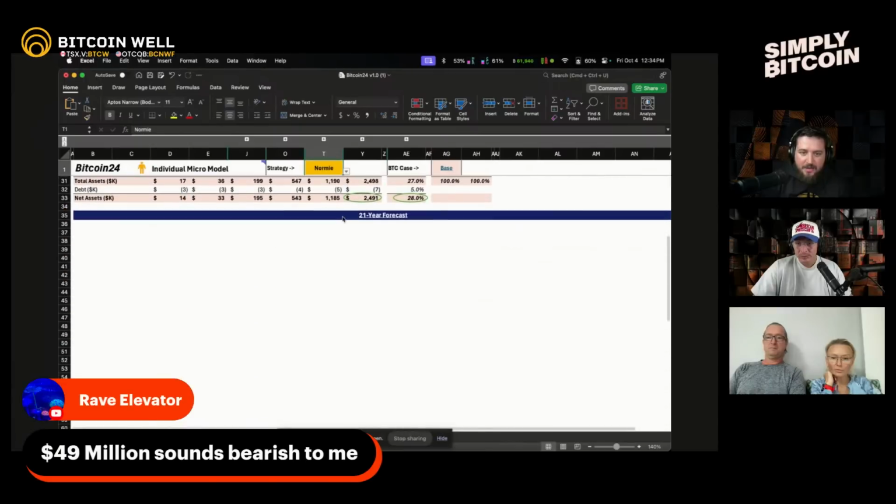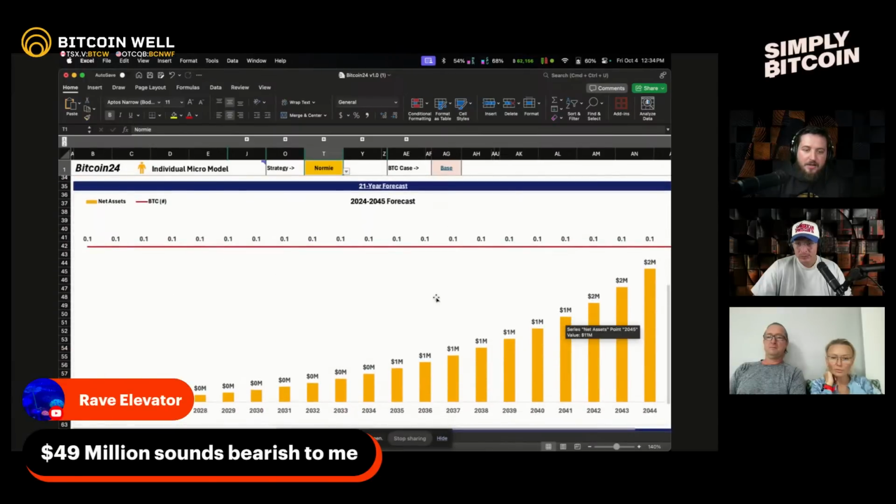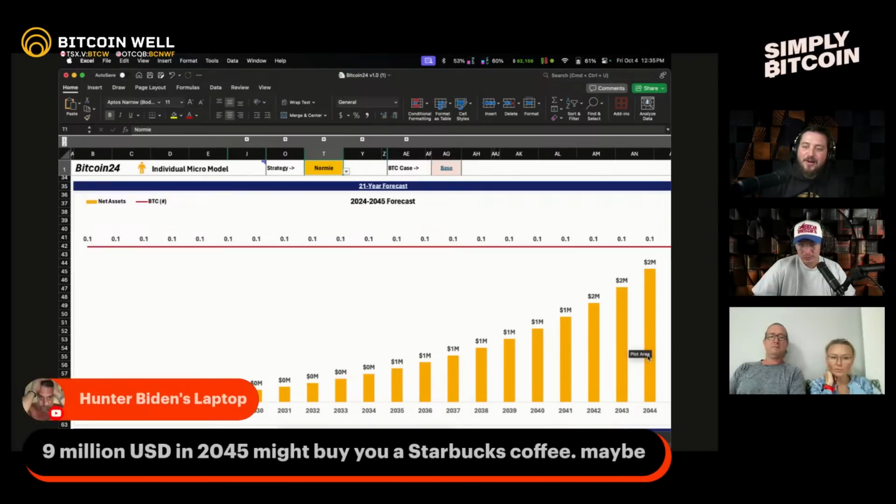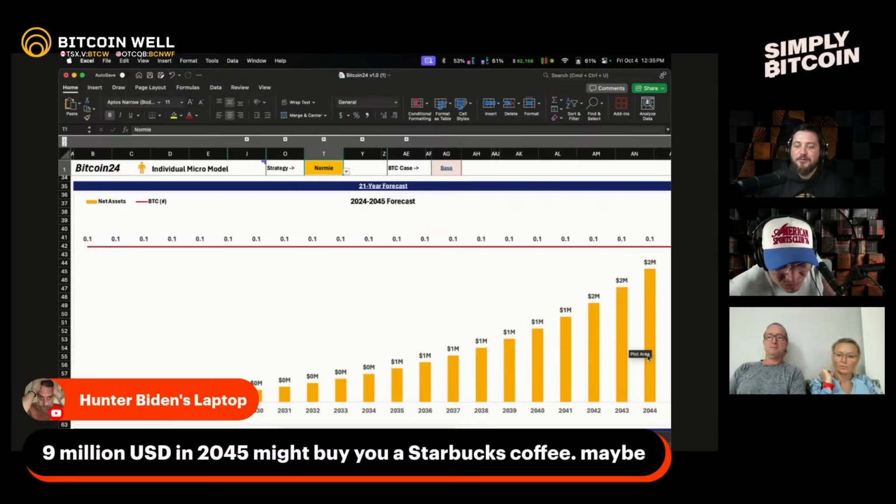And let's check out the numbers for the upcoming years. By the year 2035, 0.1 Bitcoin would equate to $1 million, according to Saylor. And by the year 2044, according to Saylor, 0.1 Bitcoin would equate to $2 million.